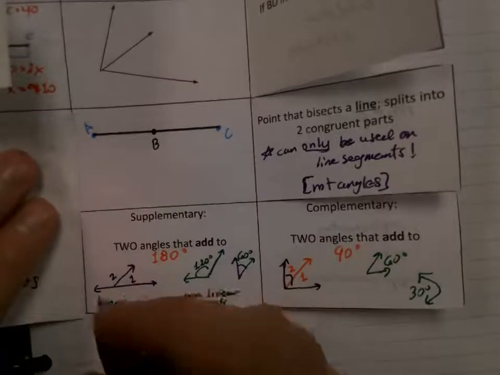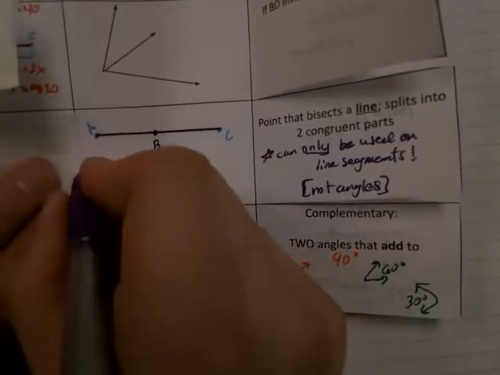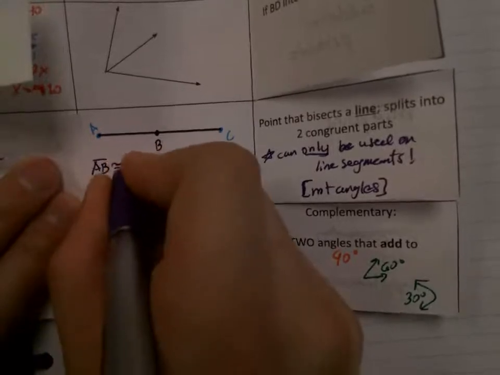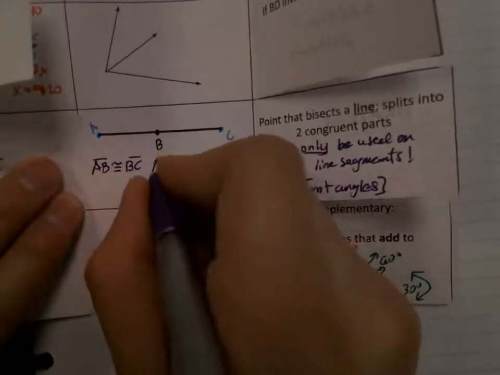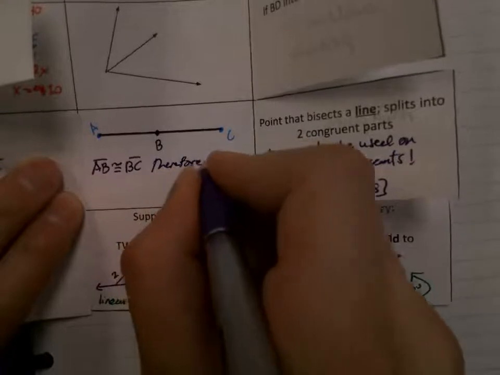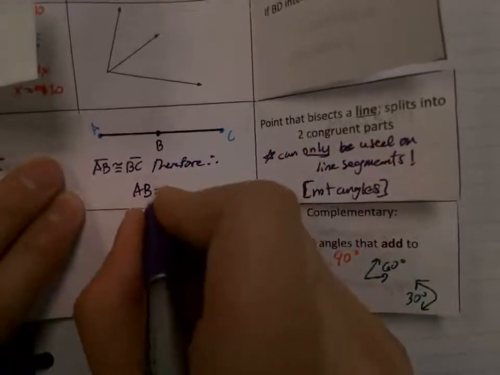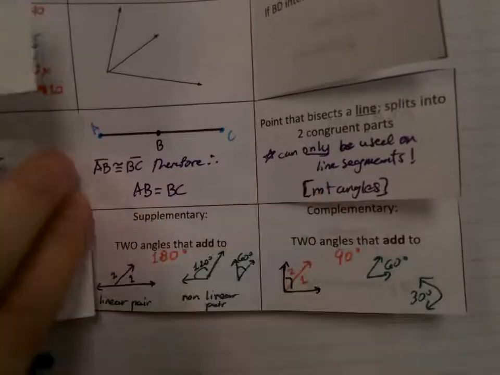So line segment over here, that means that segment AB is congruent to BC. Therefore, and 3 dots in a triangular fashion is what that means, the numerical values of AB are congruent to the numerical values of BC.